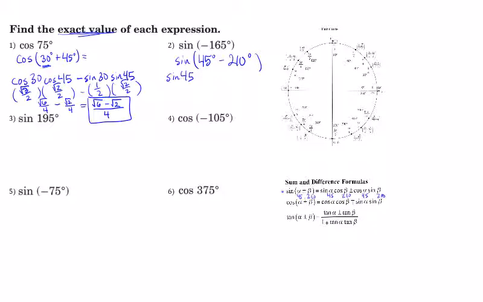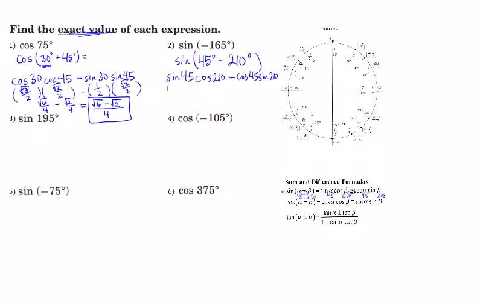Right, and since we're subtracting here, we're going to have a minus here, right? So it'll be sine of 45 cosine 210 minus cosine 45 sine 210.